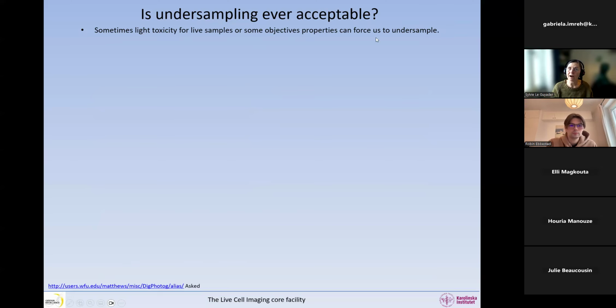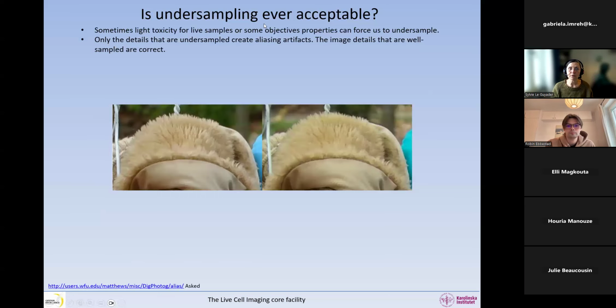Even if we undersample, as long as we can get a reliable result for our scientific question, it's okay. In these 2 images, this one is undersampled and this one is sampled correctly. You can see in here some moiré artifacts because this fabric has very fine details, so it is undersampled here.